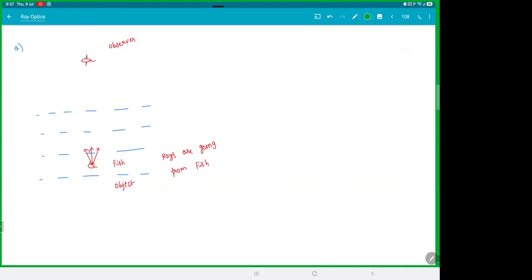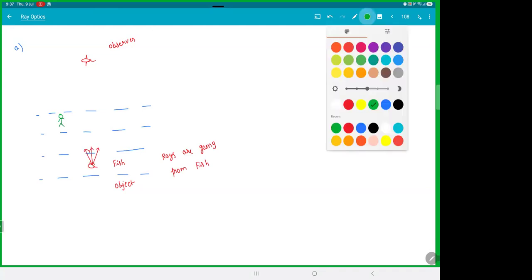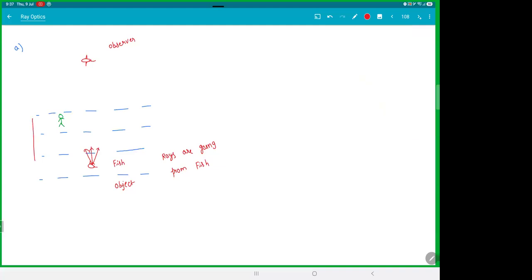Now, suppose you are also inside the water, and if you stand here and ask this person inside the water, boss, where is the fish? What will he say? He will say the fish is at a depth D, because you are in the water, the fish is also in the water, you think it is D. Now, if you just put your head outside, so this formula is valid only when you are changing the medium.